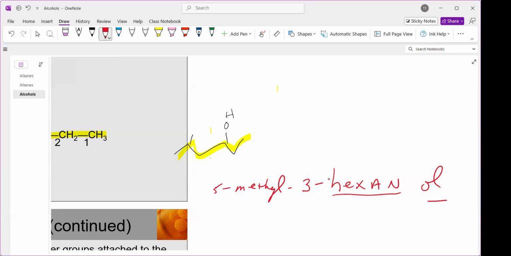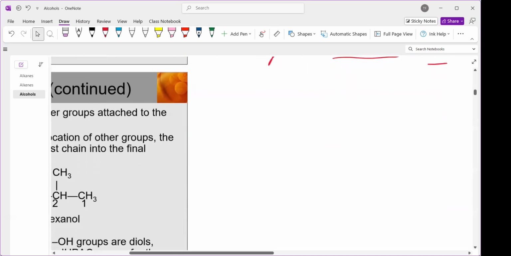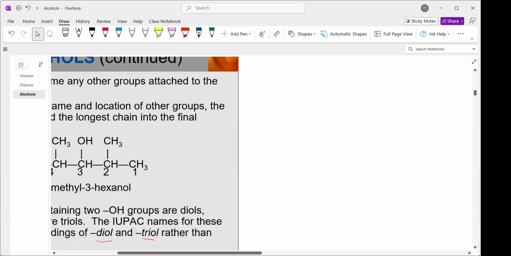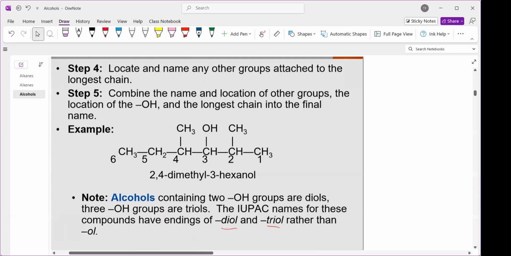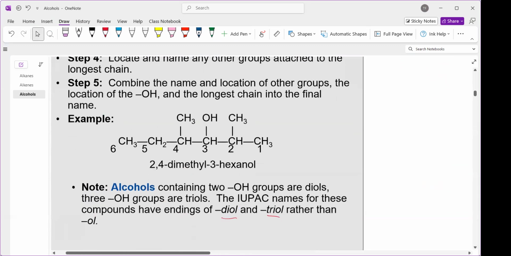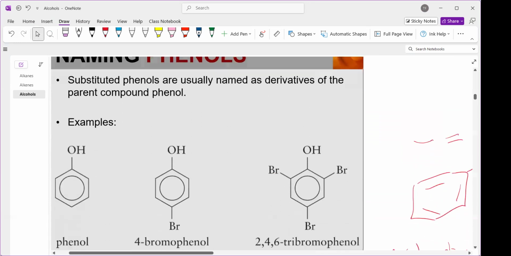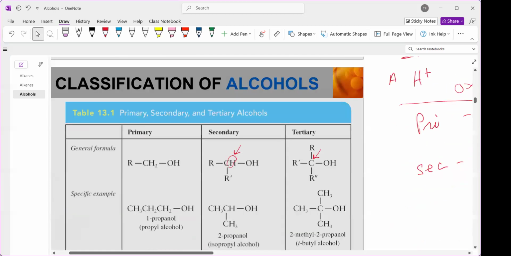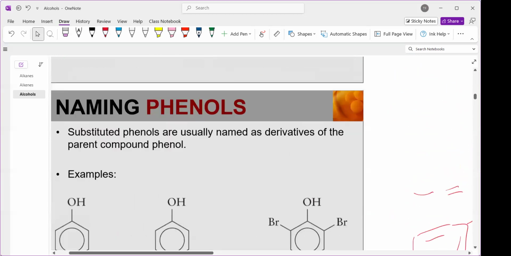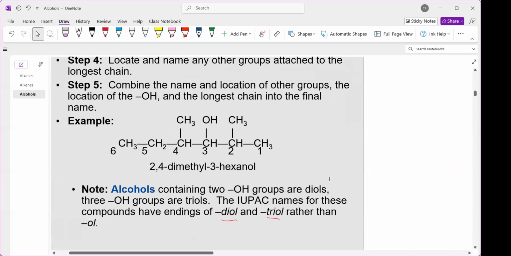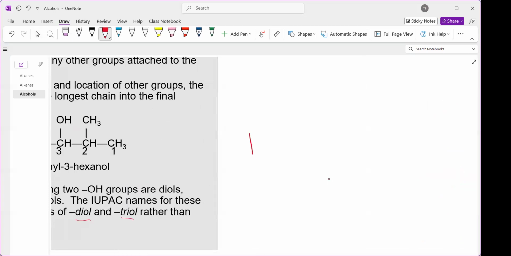We also have cyclic alcohols. Okay, so let's do a cyclic alcohol here. All right, so let's name that.